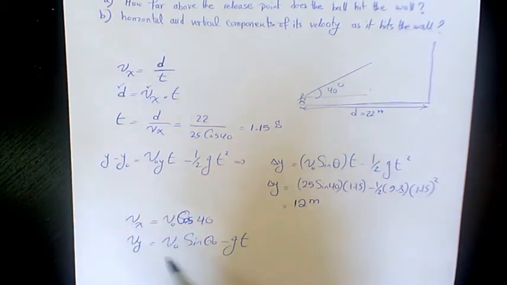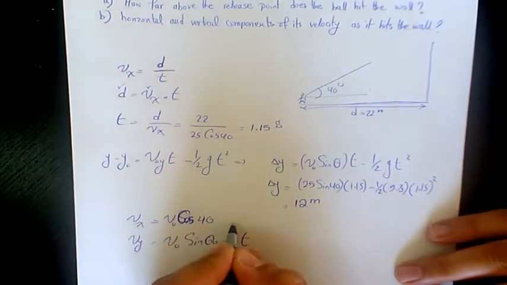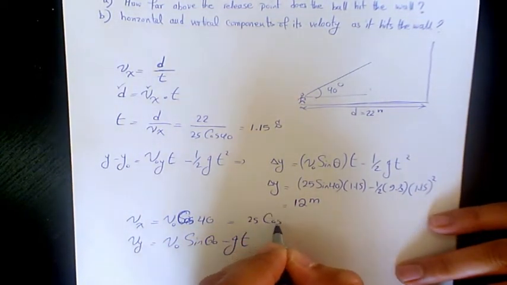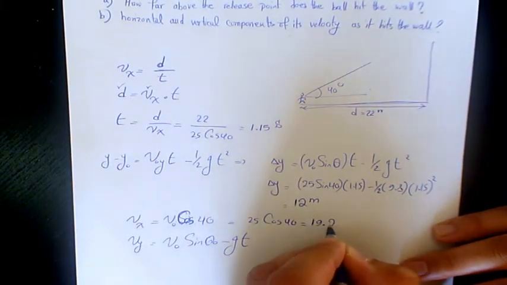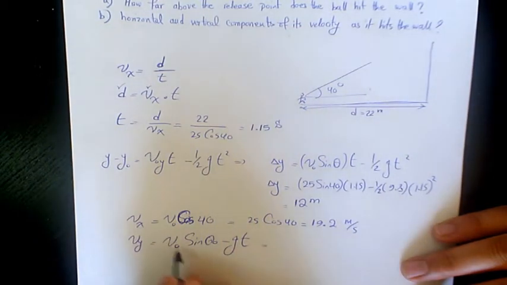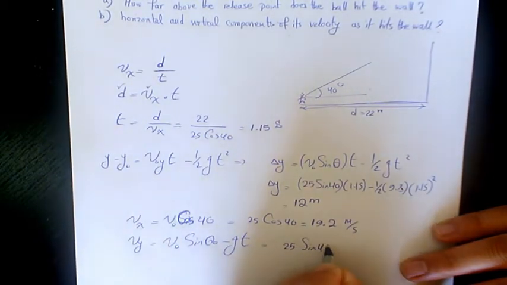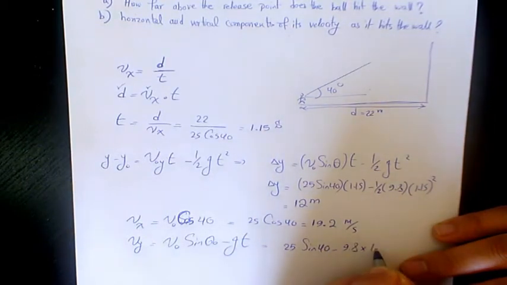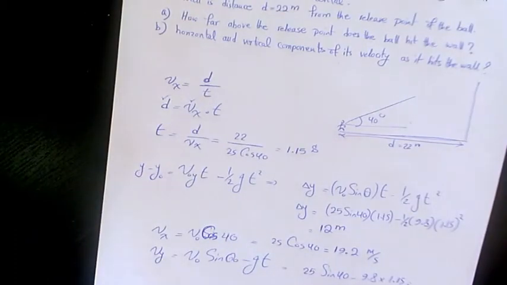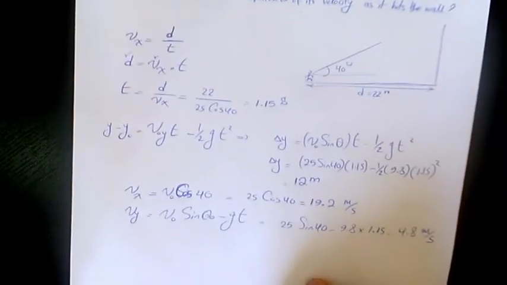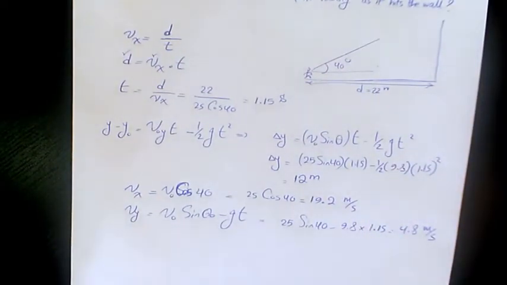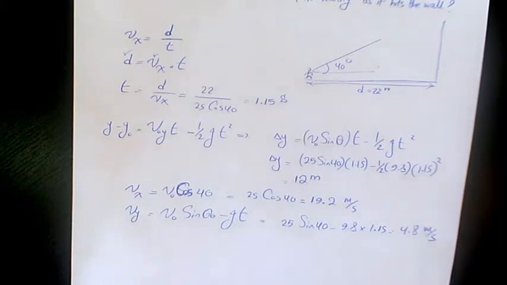Vx is not changing at all during the flight, so we have 25 times cosine 40, which gives you around 19.2 meters per second. And here you have 25 sine 40 minus 9.8 times 1.15. It's going to give me 4.8 meters per second. So these are the horizontal and vertical components of velocity.